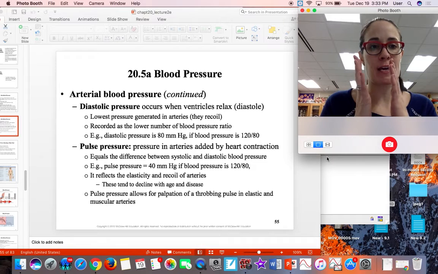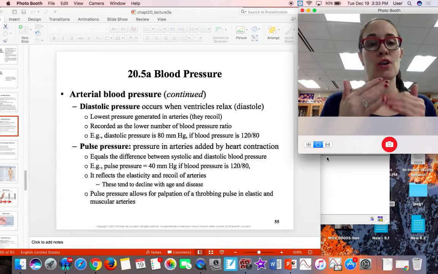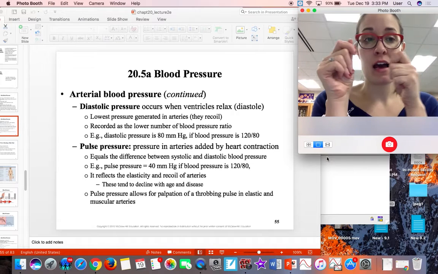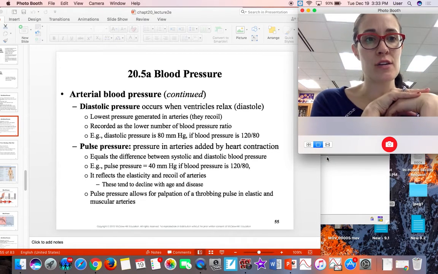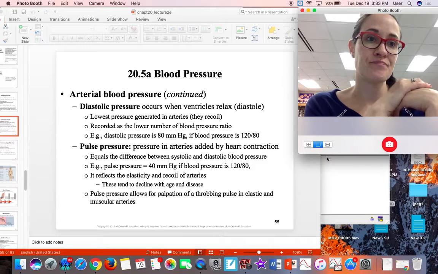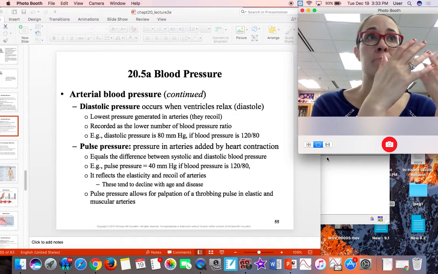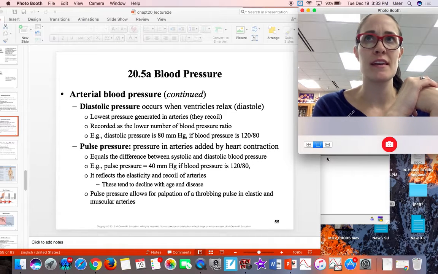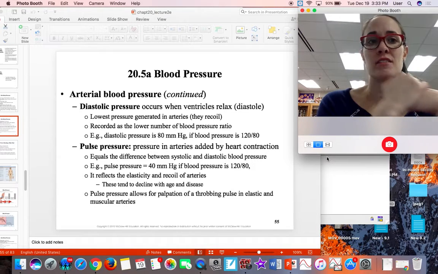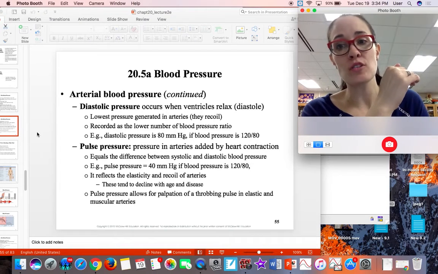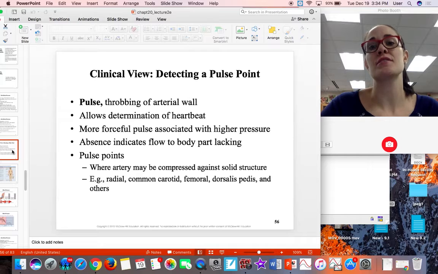Sometimes when arteries get older or overused or overstretched, kind of like a ponytail holder, the recoil isn't as good. That could indicate potential problems with the heart long term, or the chances of getting certain conditions with the blood vessels. So that's pulse pressure, and that's why that number is interesting.